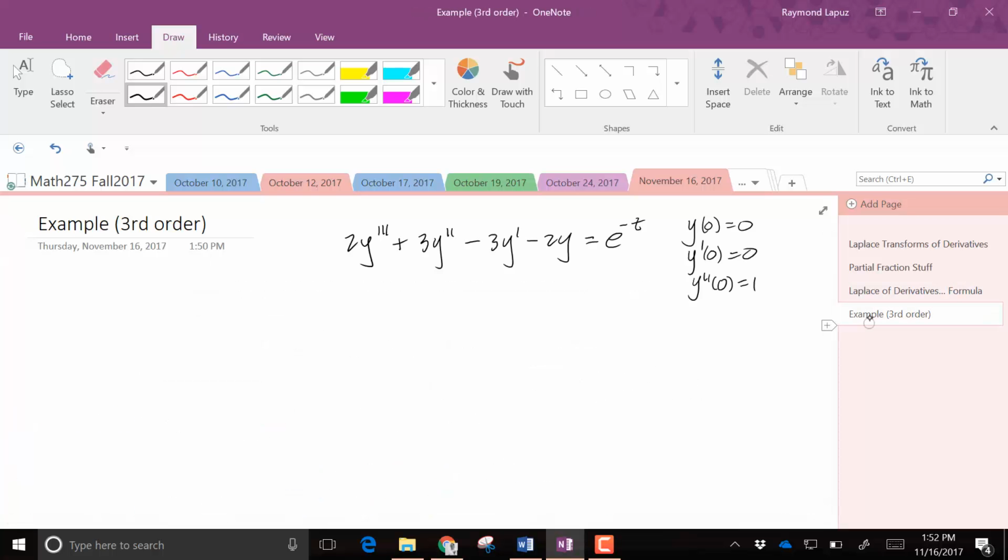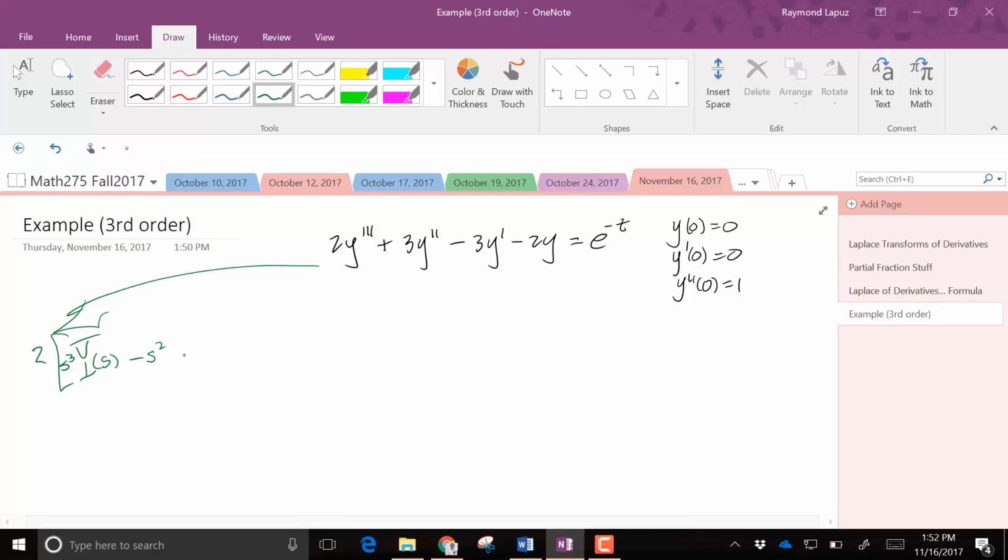Okay, so our transformation to the Laplace world is 2 times, we got s to the third power, Y of s, and everything else is a minus. S squared goes down in power and start the primes.